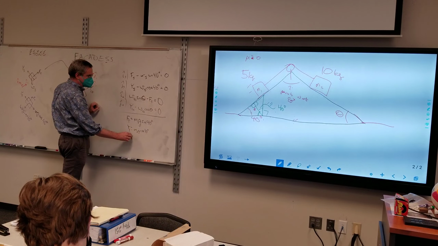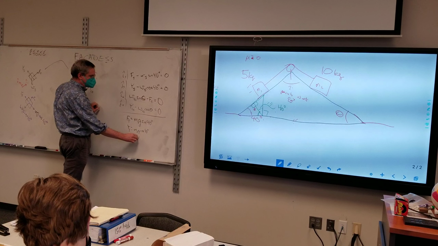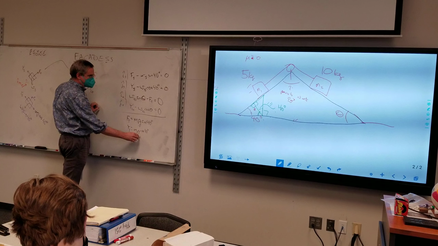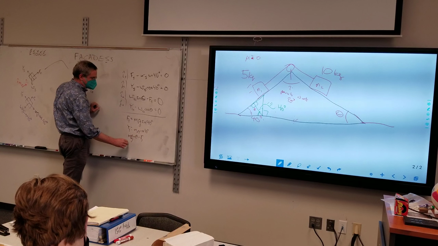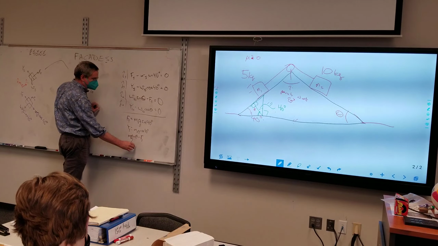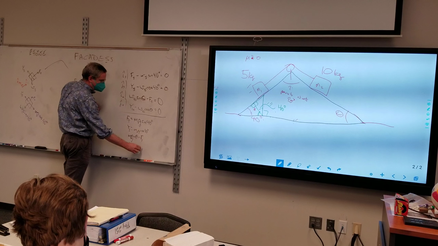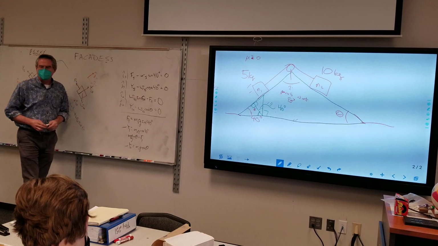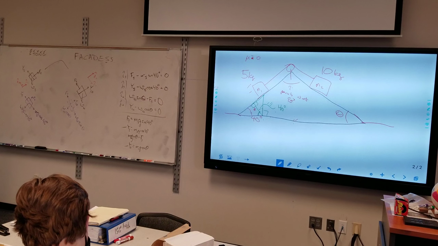M10G sine theta is equal to tension, and then Y10 is equal to M10G cosine theta. These two equations right here really don't have any bearing at all on this problem.